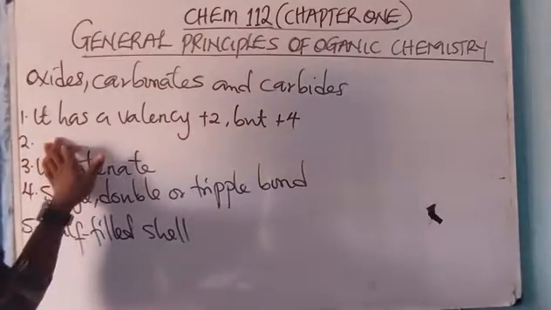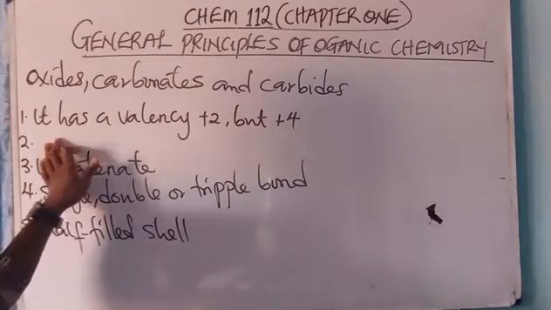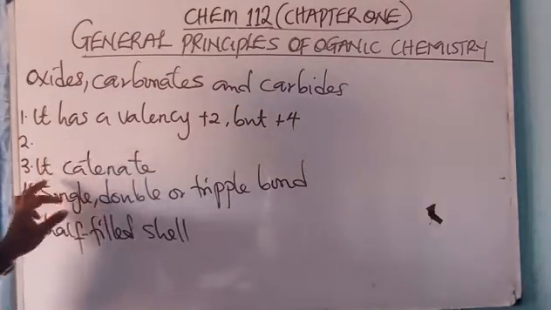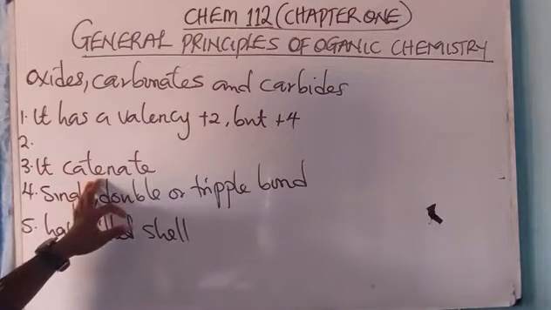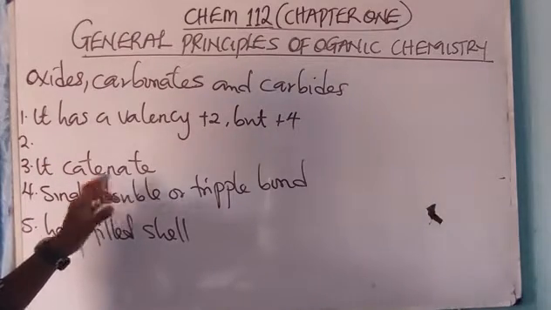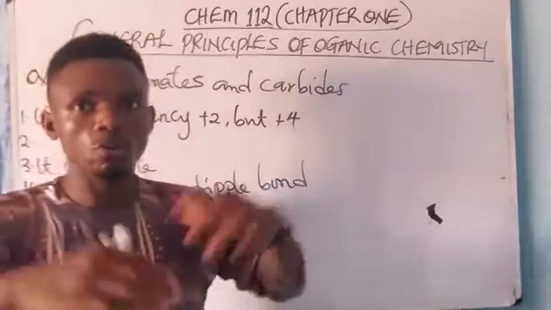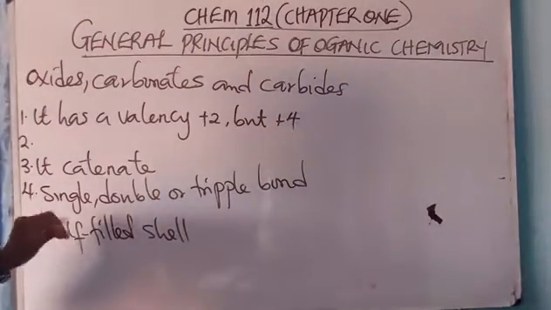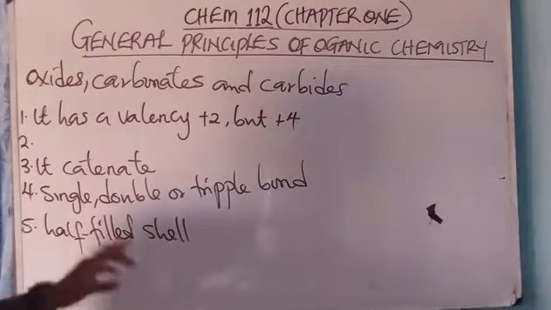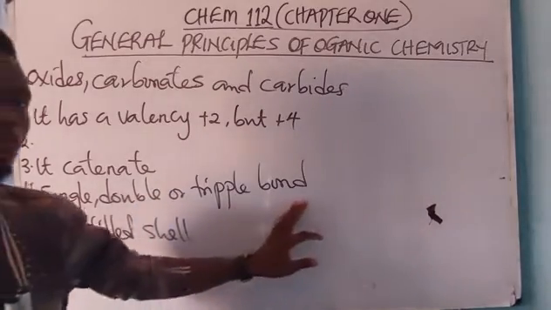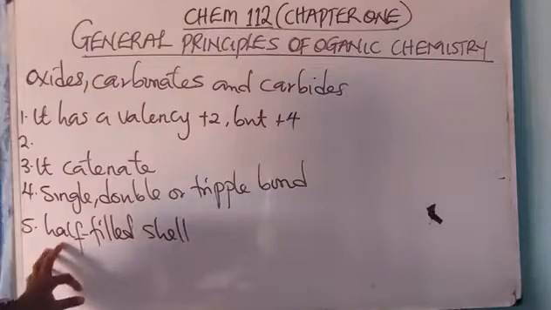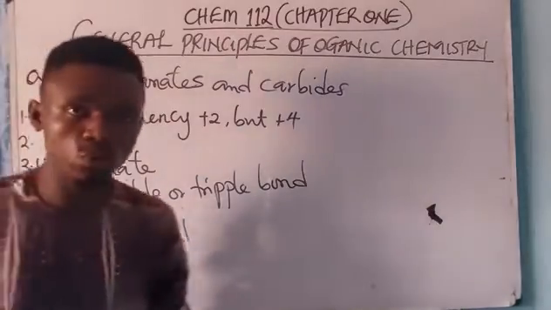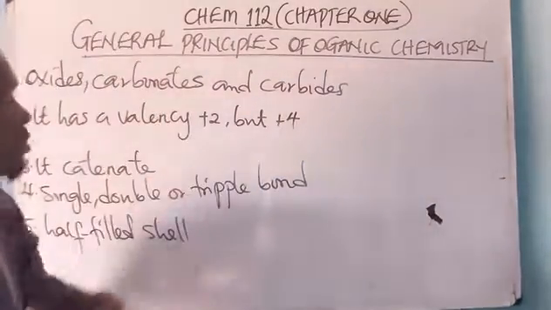Large compounds are made up of carbon, and it is said to be an ubiquitous element. It has catenation, a process by which it forms a straight or branch compound with itself. It can bond with itself in single, double, or triple bonds. And a filled shell is stable.